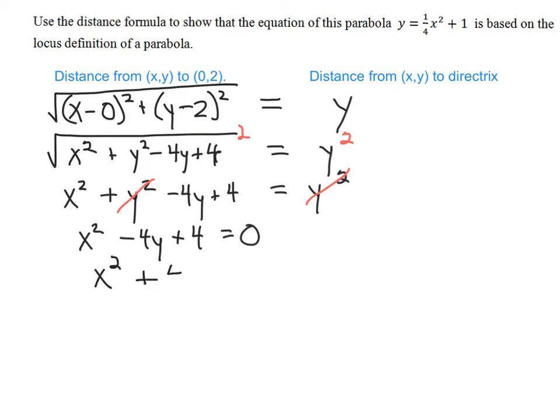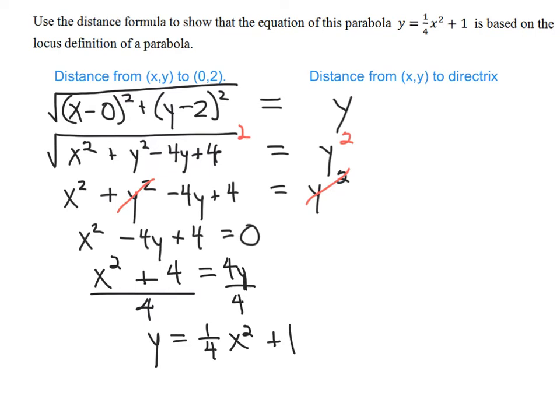So x squared plus 4 equals 4y. Go ahead and divide everything by that 4 to get y by itself. And another way of writing this equation is y equals 1/4 x squared plus 4 divided by 4, which is 1.